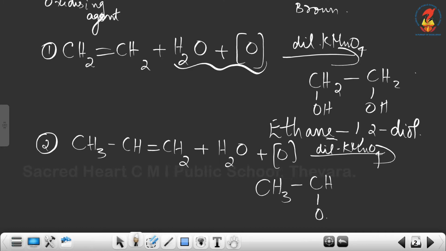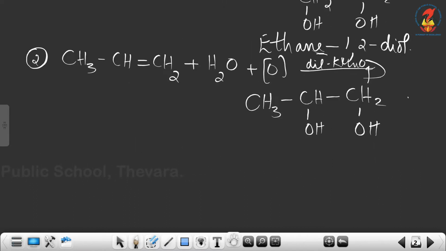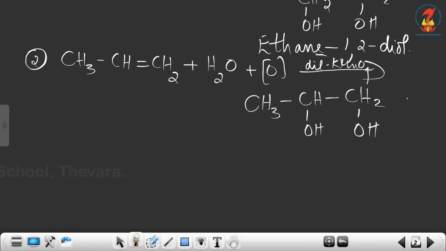CH3 CHOH single bond CH2OH. Now the name of this compound: there are 3 carbon atoms, so 1, 2, 3. This is propane. Let's write the name of the alkane first, followed by the position of the OH groups, followed by diol. So this is propane-1,2-diol.